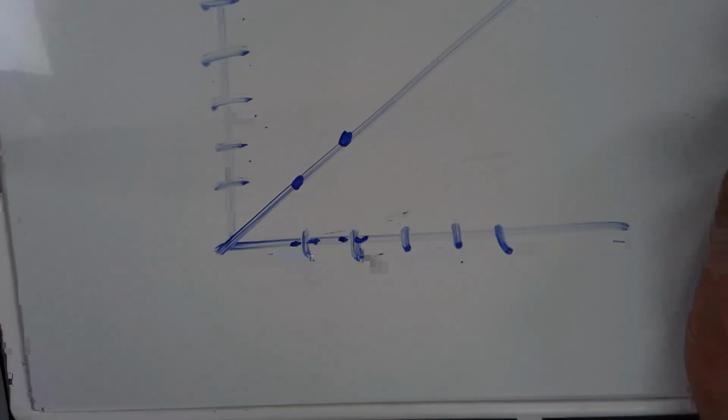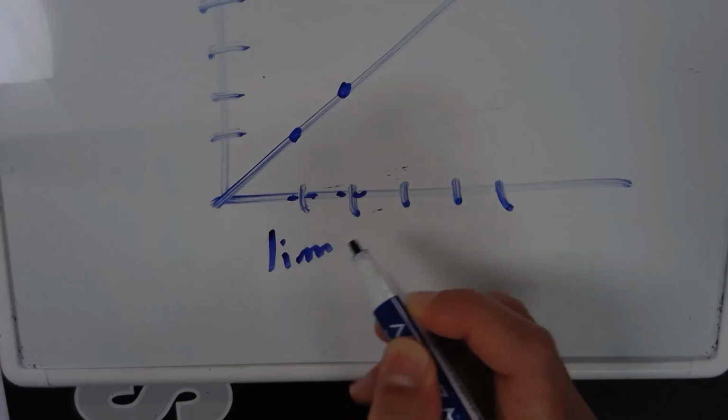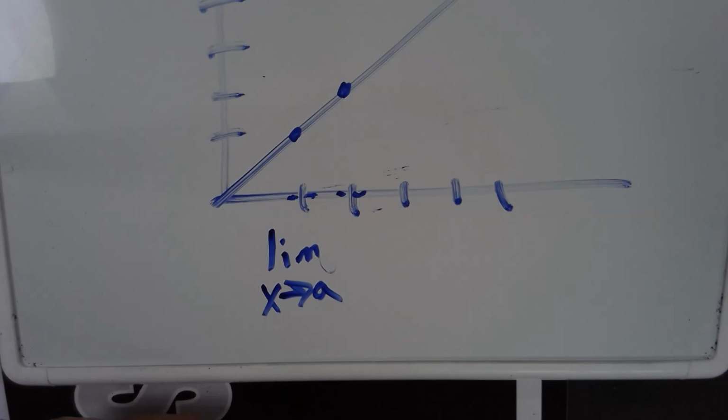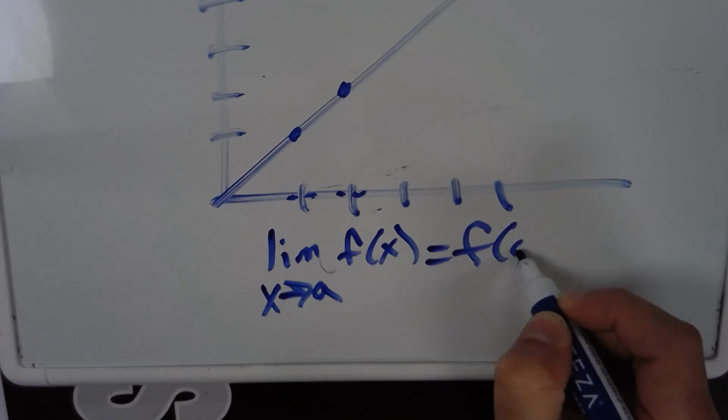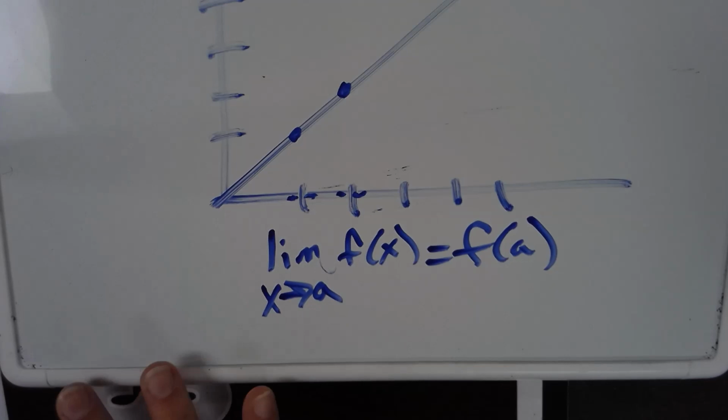So basically what he's saying is that the limit, as x approaches a, of f of x is just f of a. Okay, so would the instantaneous velocity always be m?